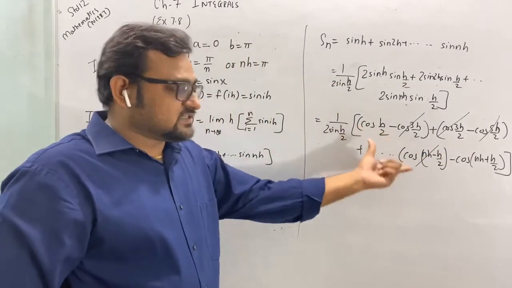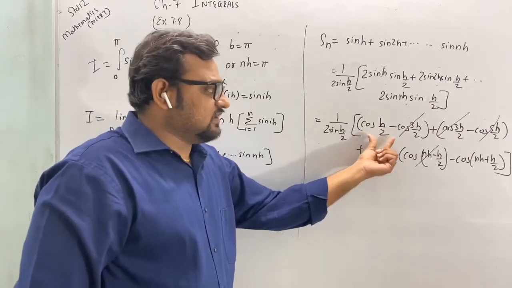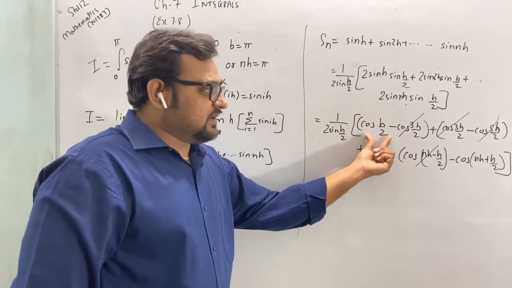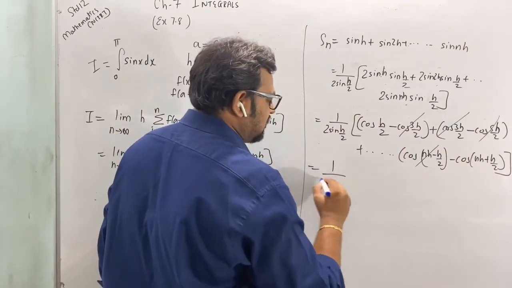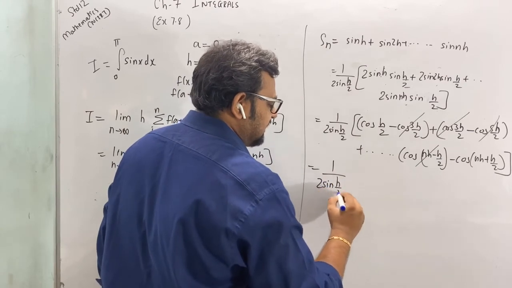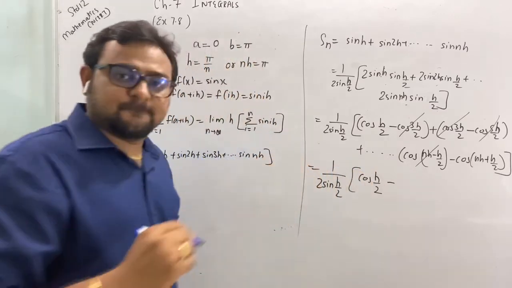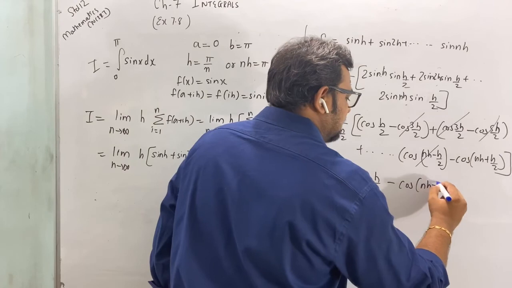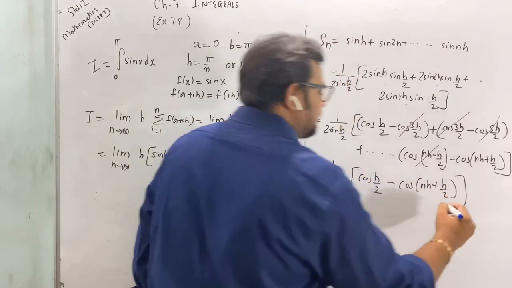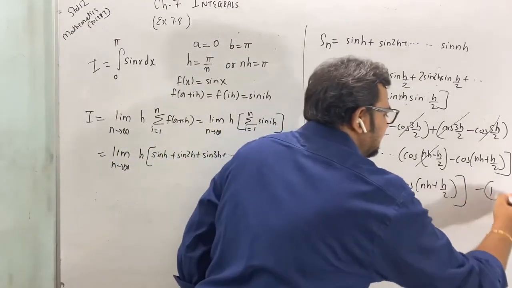Remember, in this type of intermediate step, if the first bracket's first term is remaining, then the last bracket's last term will be there. So this will be equal to 1 upon 2 sine h by 2 times cos h by 2 minus cos of nh plus h by 2. Clear? So let's take it as 1.